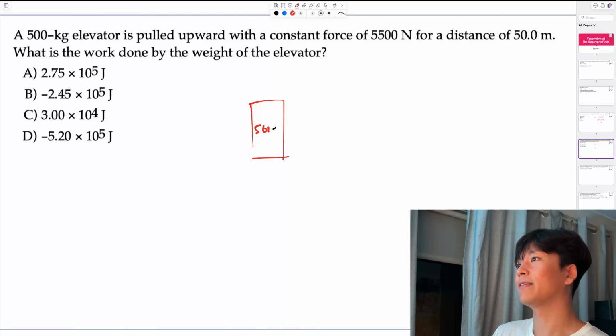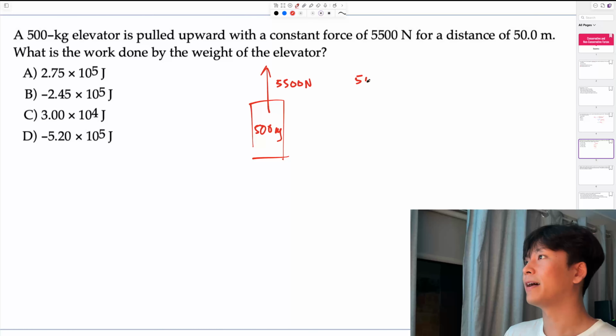That is 500 kilograms, pulled upward with a constant force of 5,500 newtons, for a distance of 50 meters. And then they want you to find the work done by the weight force, right? Not this pull force. They want the weight force.